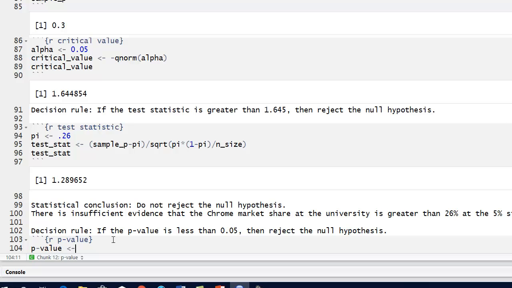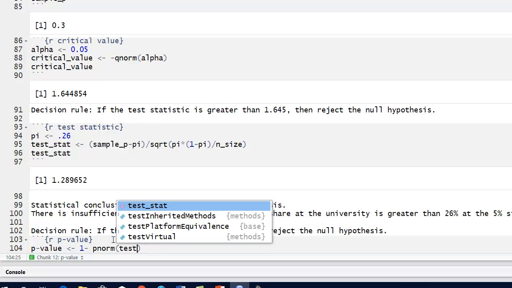It's an upper tail, so the p-value is going to be 1 minus pnorm, since I'm calculating a probability, of my test statistic.